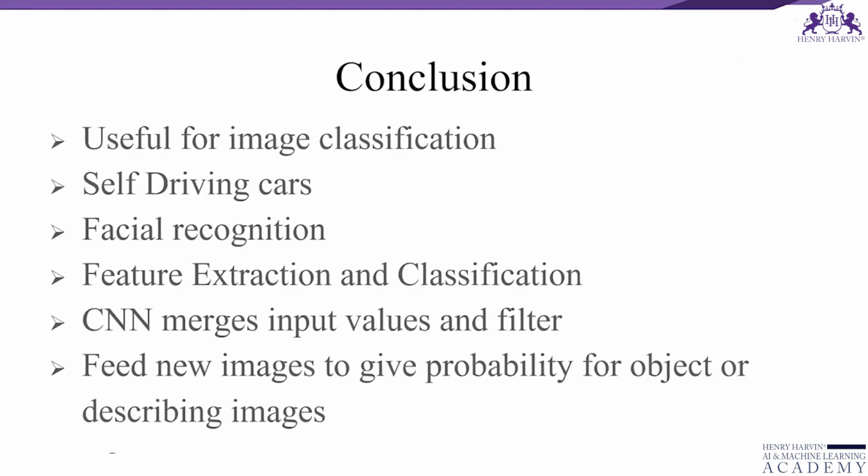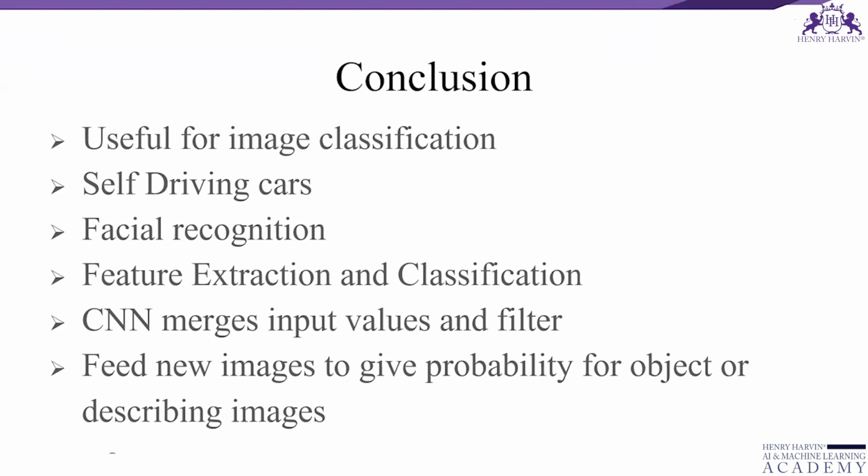From this, we can conclude that CNNs are useful for image classification. That is what we have seen, like how to classify an image as zebra or bird. We have seen some cases. It is also being used in self-driving cars, facial recognition, and feature extraction and classification.